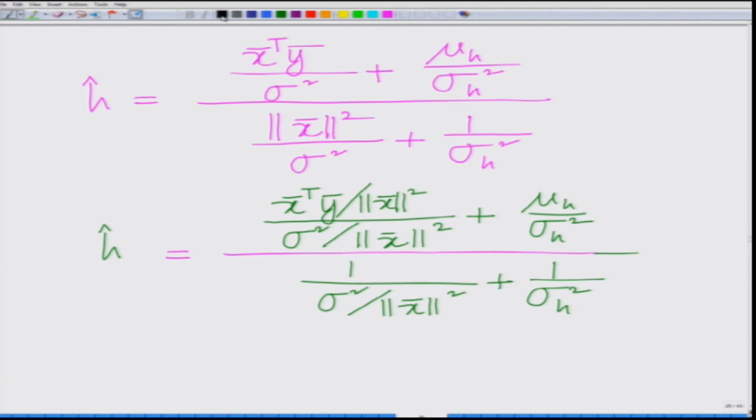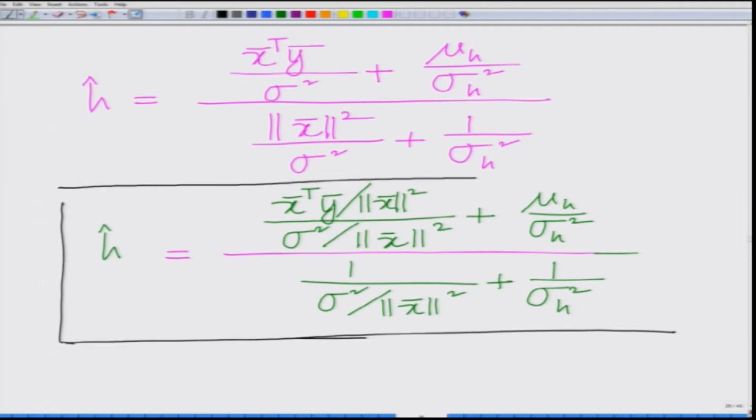What we are saying is, this is the final simplified expression, and I am going to explain the intuitive meaning behind this.